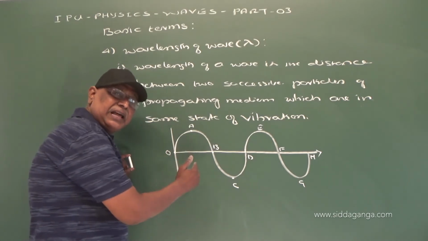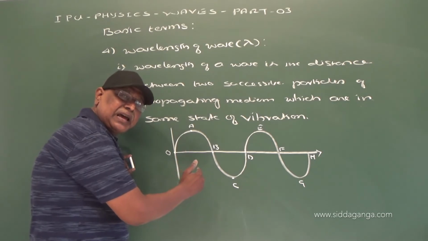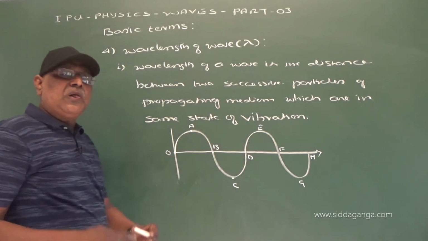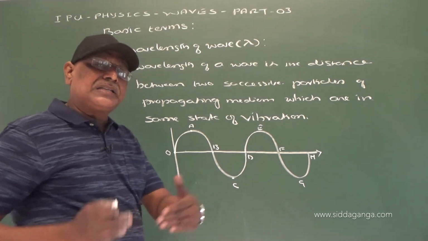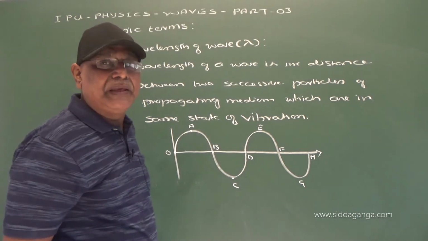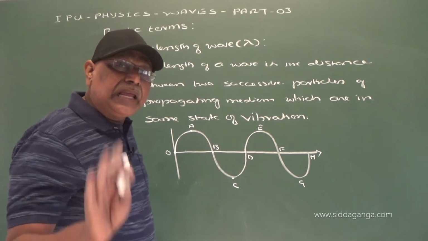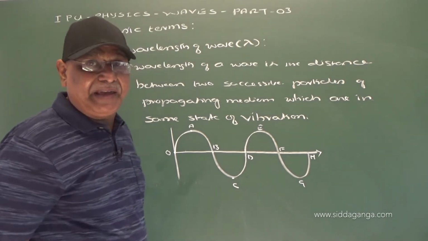The third particle begins to vibrate a little later than the second particle, and so on. So different particles of the medium are set into vibration at different instants of time. Therefore, the different particles will have different phases.